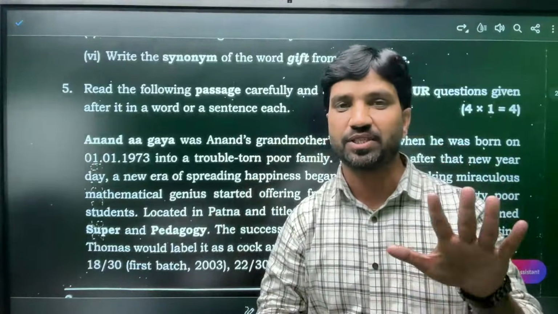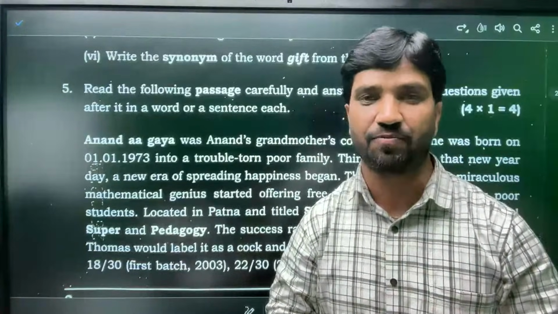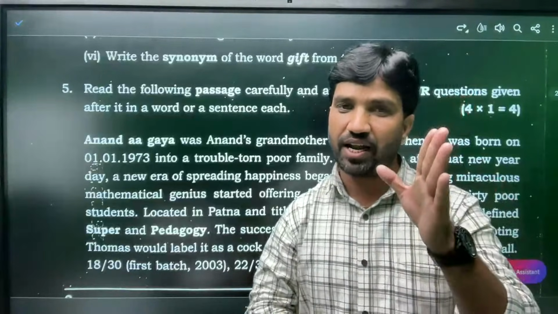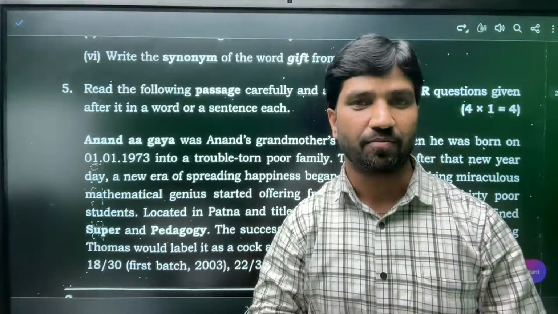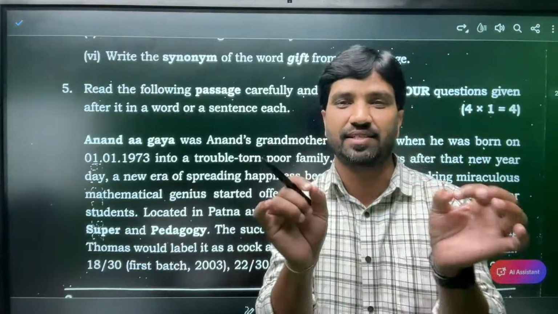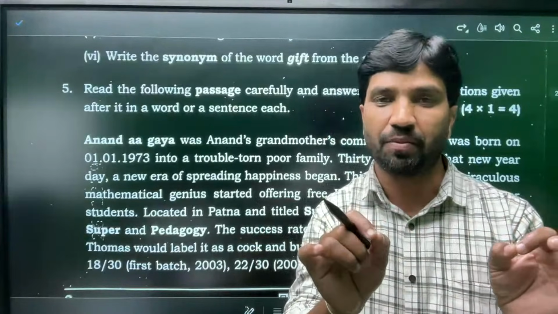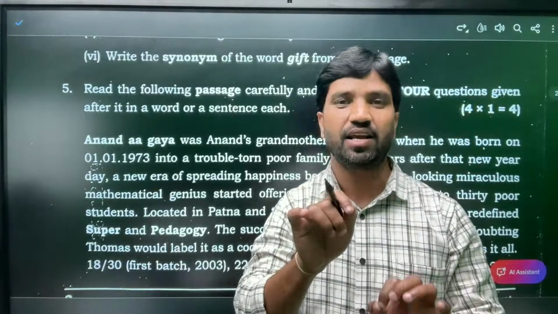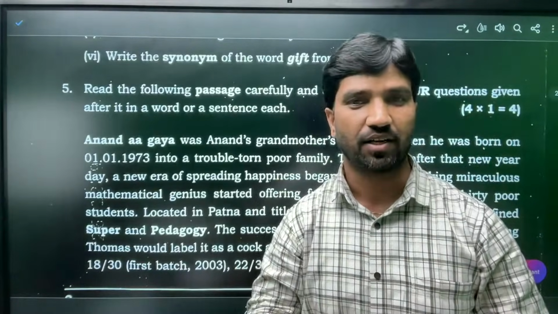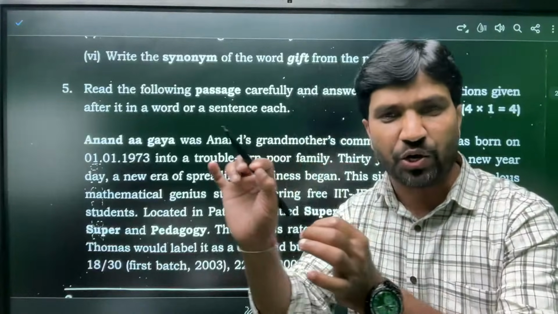If you started from section A, then definitely he will read the paper. Your first answer will be read, and he may find a mistake somewhere, in sentence formation or grammar, and he cuts marks for the first answer, so that flow will continue for all the answers.